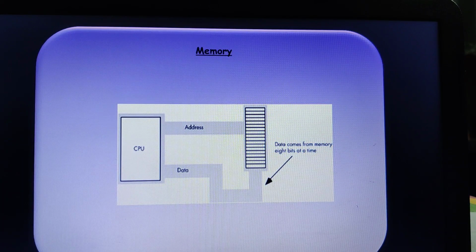Why do we call them the higher components? Because CPU, RAM and input output are the most extensively used for processing purposes. That is why we are using the system bus there. We have one more bus, that is the external bus, which is also called the expansion bus, isn't it?